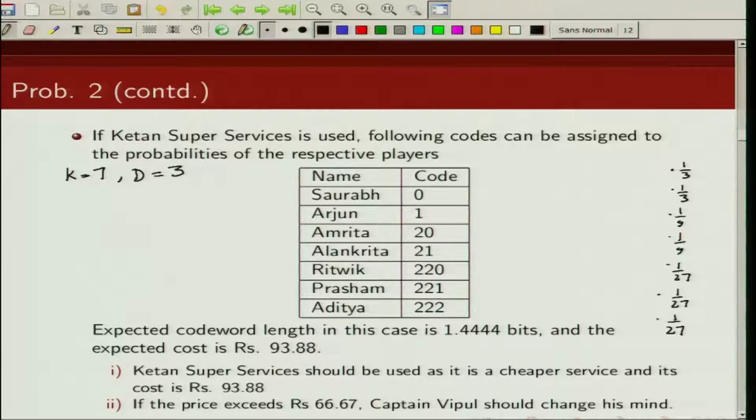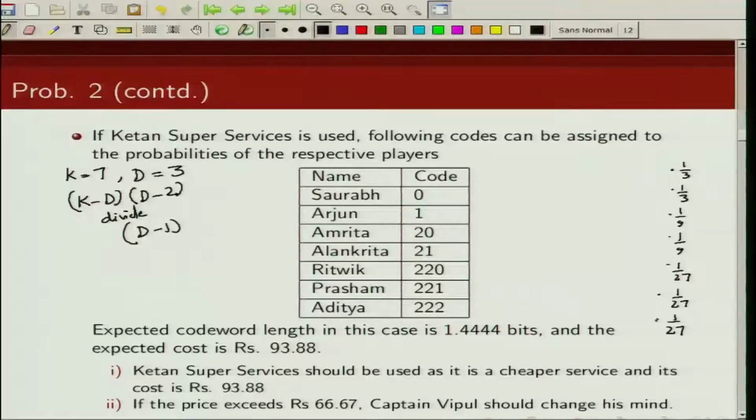So first thing we need to find out at the initial stage is how many unused leaves there are, and how do we find that out? (k minus d) into (d minus 2), divided by d minus 1, whatever remainder is remaining. So k minus d in this case is 4 and d minus 2 is 1. So 4 divided by 2, remainder is 0.